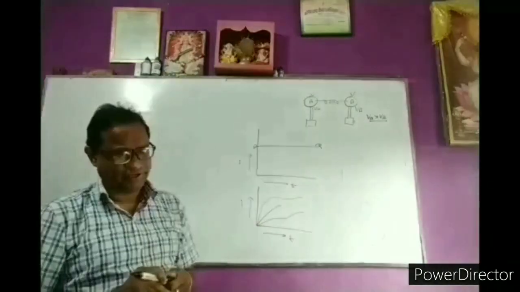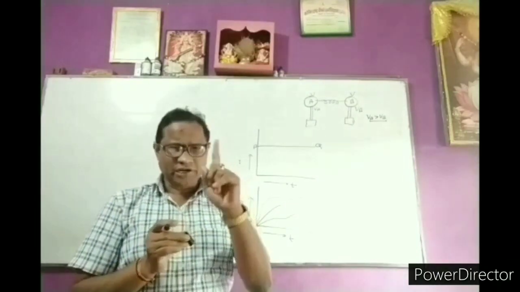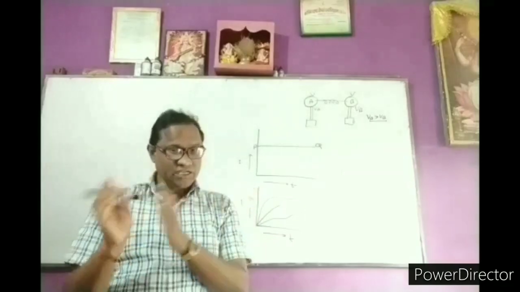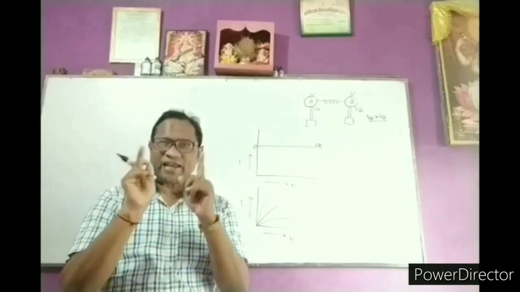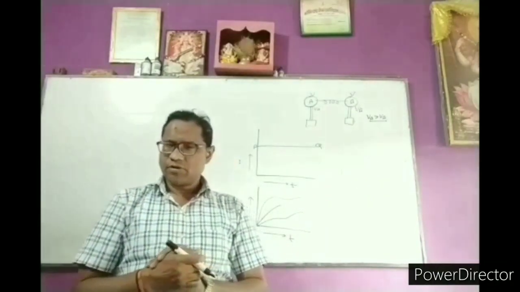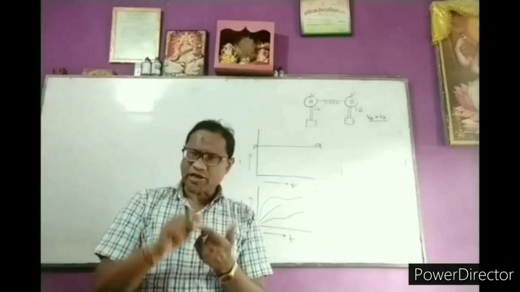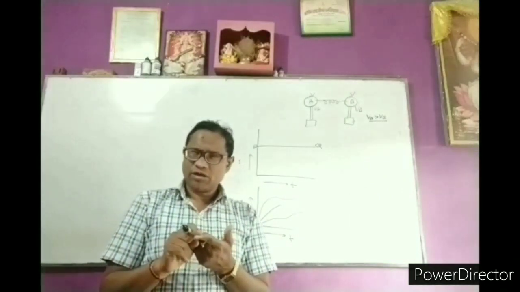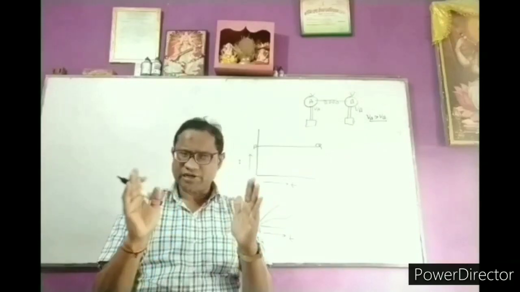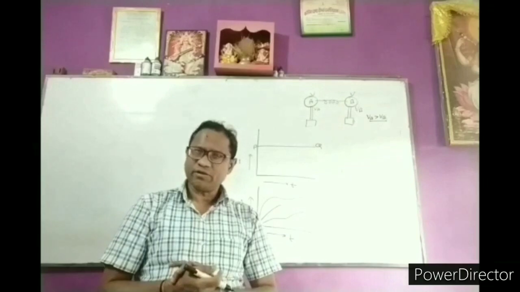Third, alternating current. An electric current is said to be alternating current if its magnitude changes continuously and its direction changes periodically. When a polarity reverses periodically, such type of current is known as alternating current. Clear?